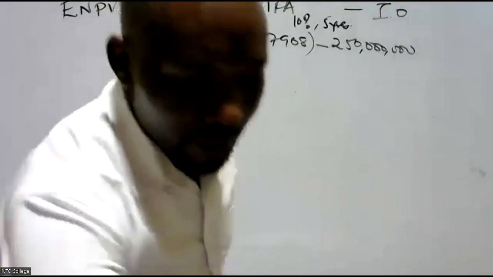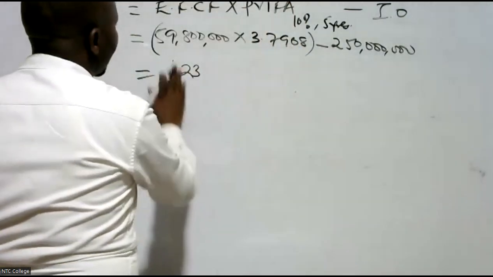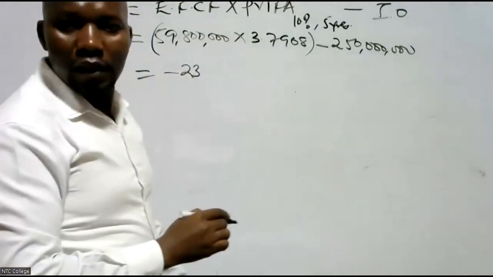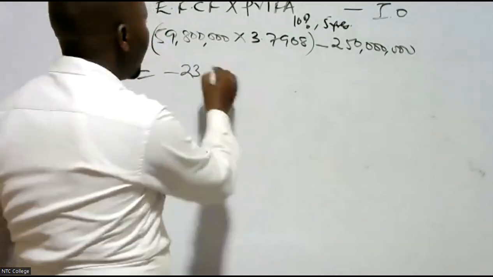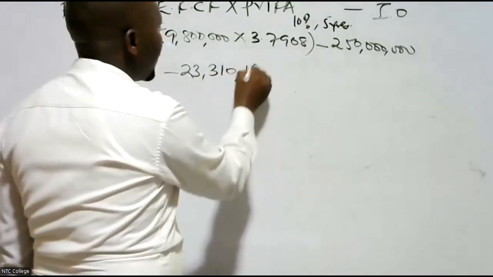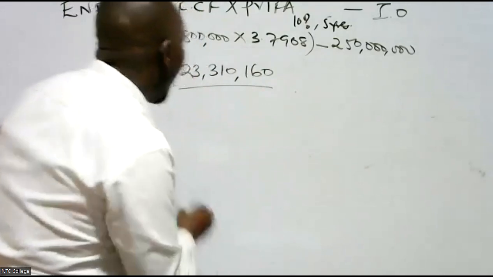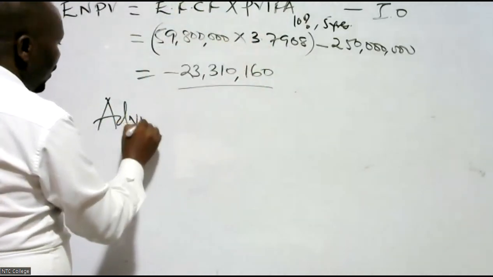So we are getting negative 23,310,160. Your advice, always advise. Whenever you're getting NPV, always advise.